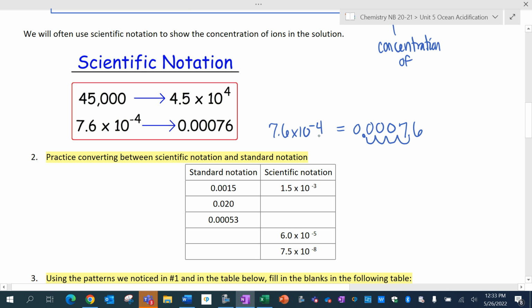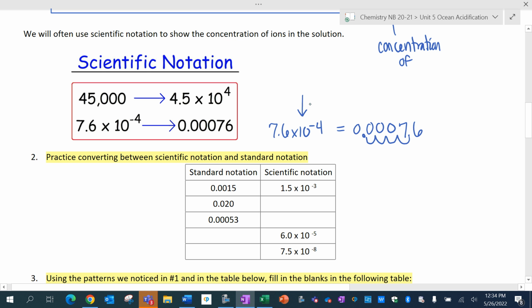So 7.6 times 10 to the negative 4 is the same as 0.00076, and they're both correct ways of writing this number. Sometimes, when talking about pH, it's more useful to look at the scientific notation version of it.